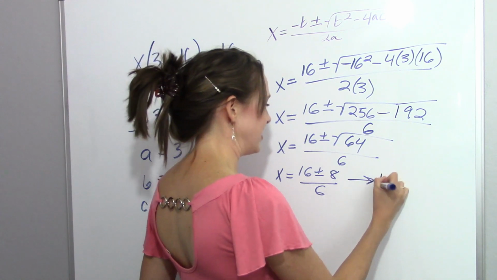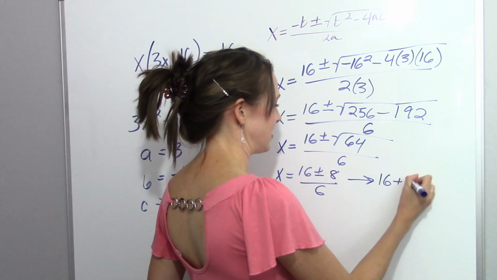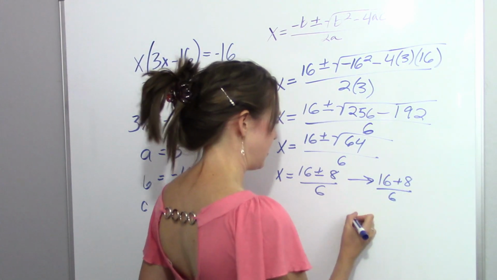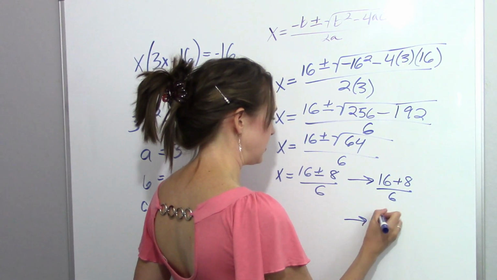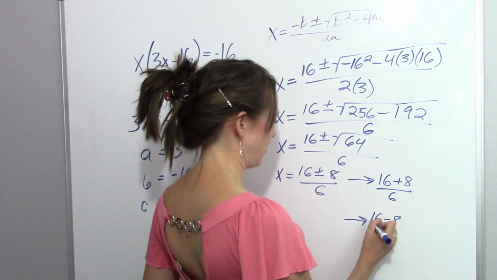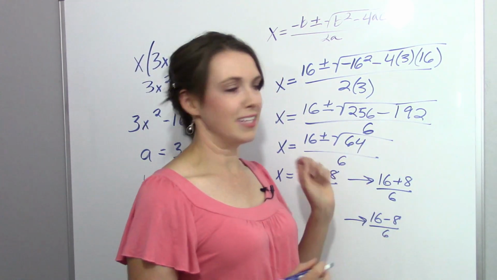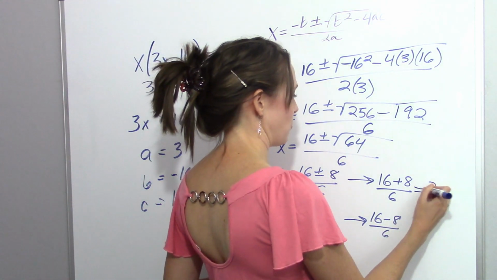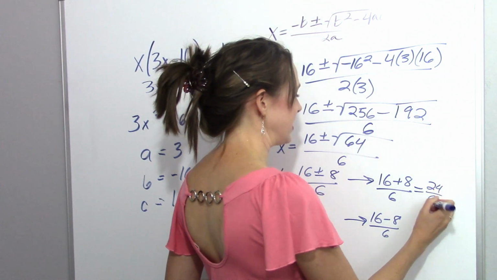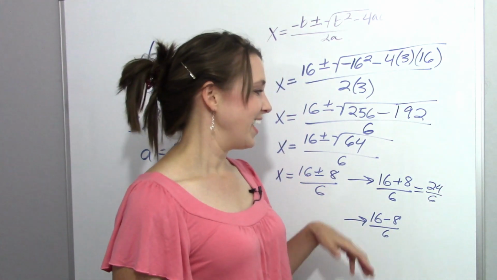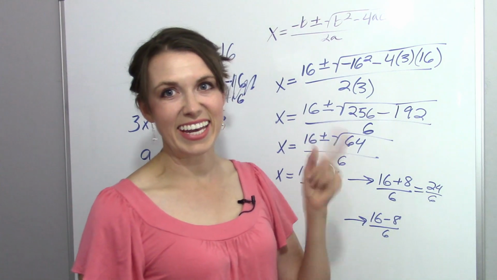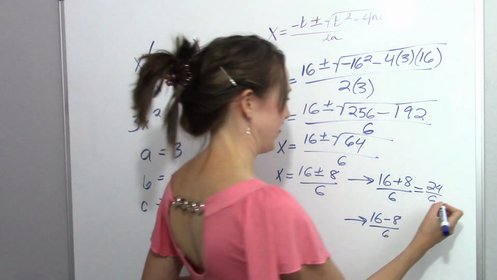Okay, so we have 16 plus 8 over 6, and then we have 16 minus 8 over 6. So 16 plus 8 is 24 over 6. And look at that, 24 over 6, a nice even 4.